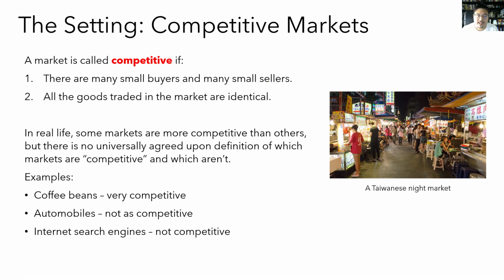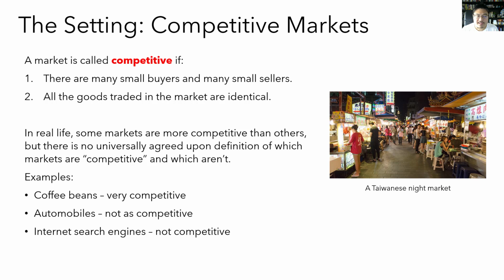So the model of supply and demand that we're going to be looking at today does assume that the market is competitive. And so as a tool for understanding real-world markets, the model that we're going to learn today is going to apply best to markets that satisfy the conditions of competitiveness.